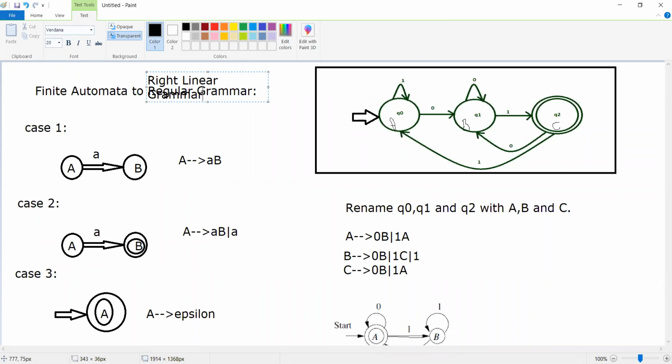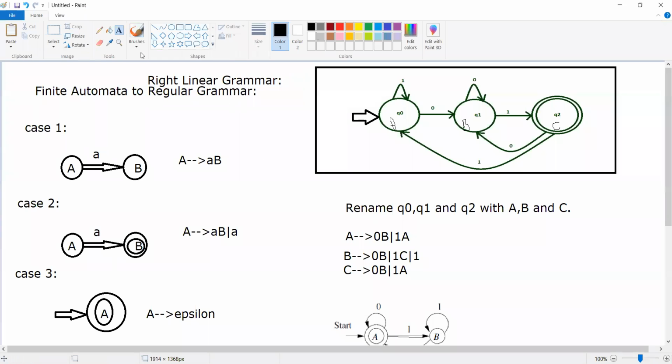The steps which we have discussed so far are the steps we follow to generate, more specifically, the right linear grammar.